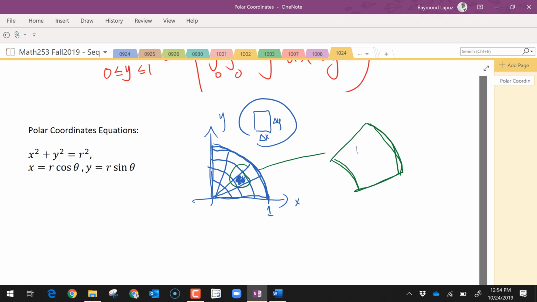Theta over 2 pi times... area, yeah, just an area, so pi r squared.